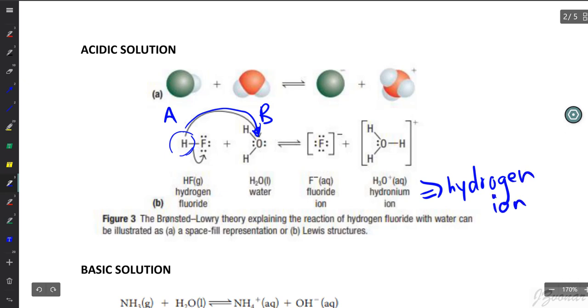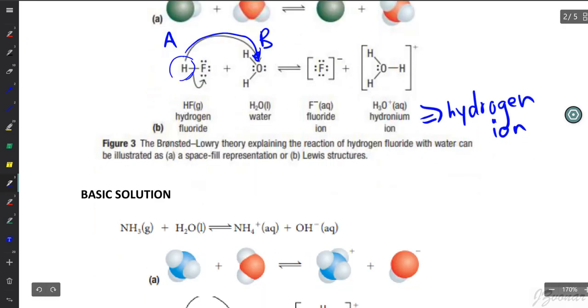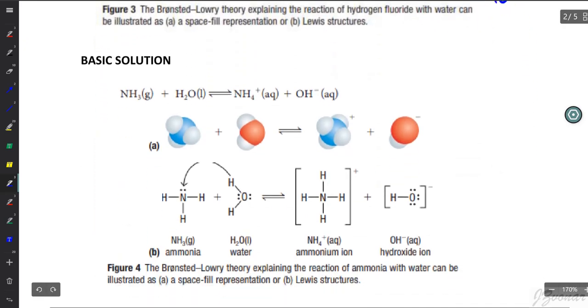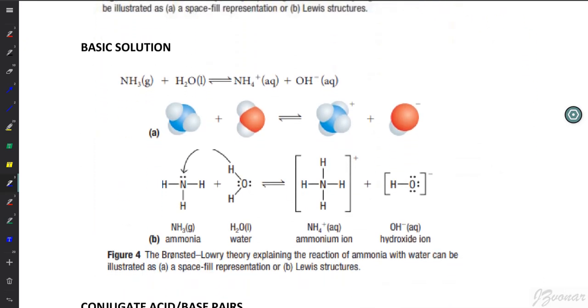In a basic solution, we can see what's happening. We know that ammonia, NH3, is a weak base. However, there are no hydroxide ions in it, yet it does behave as a base. If we look at the Bronsted-Lowry definition, notice what happens when I put ammonia into water.